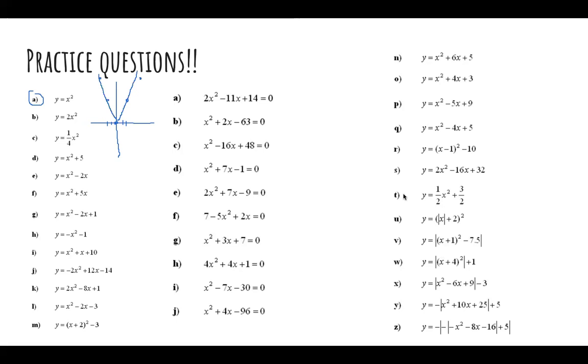Another one we could do is E. So for E, if we choose the point 0, it's also at (0, 0).